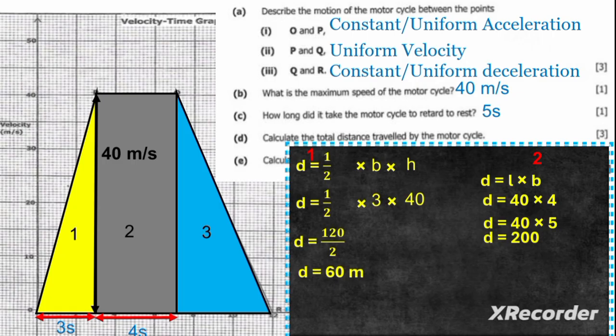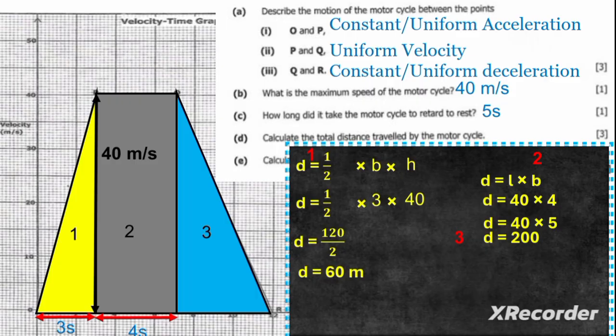Okay, this one should be 4 seconds. We are done with this question. Let us move to the next shape, sorry.